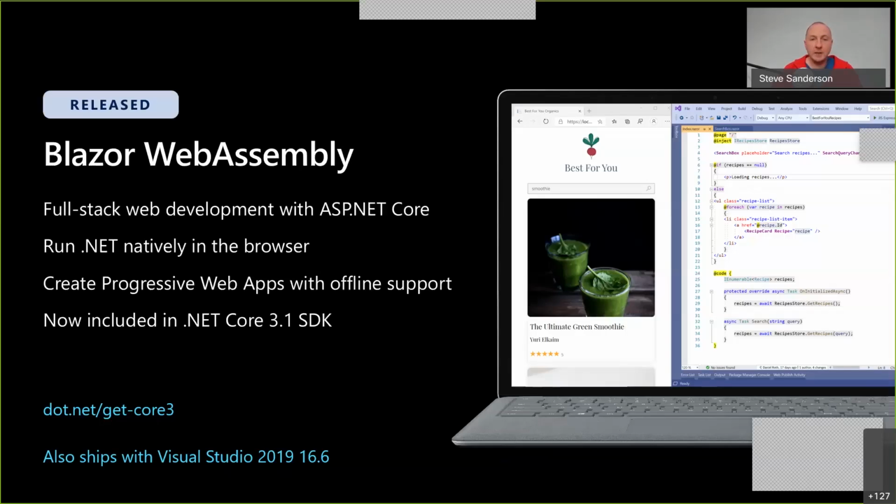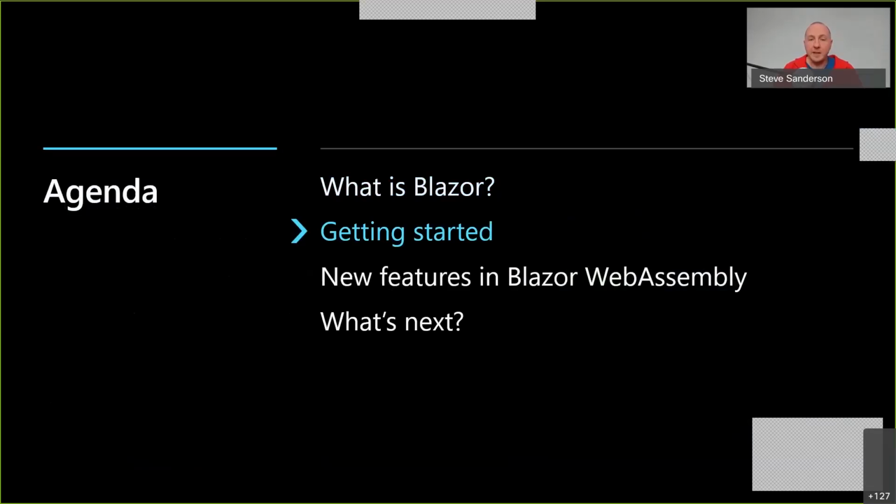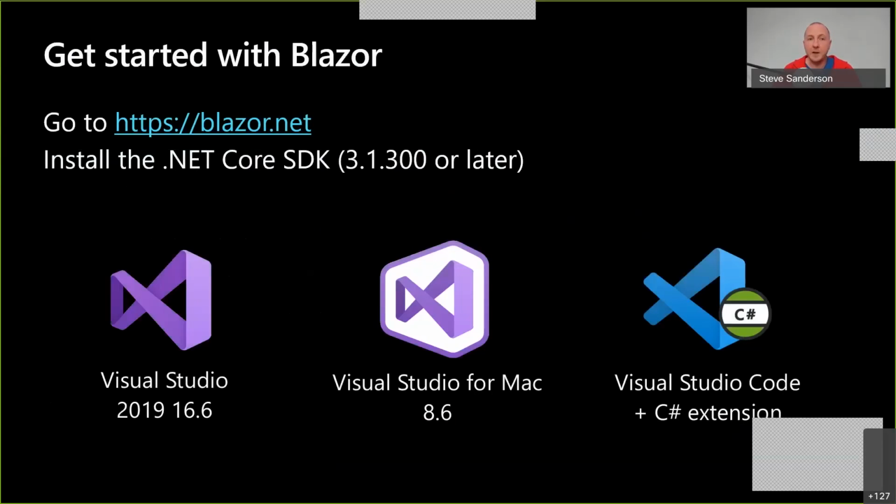If you want to do that, then the way to get started is pretty straightforward. Because I think a lot of people have seen this already, I'm not actually going to give you any demos of creating new projects from scratch. If you want to see that, you can go and find many other videos online or read the documentation. Probably the best way to get started is to go to blazor.net, and that will give you some setup instructions for whichever kind of coding environment and IDE you wish to use.